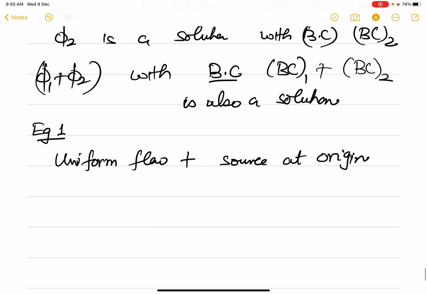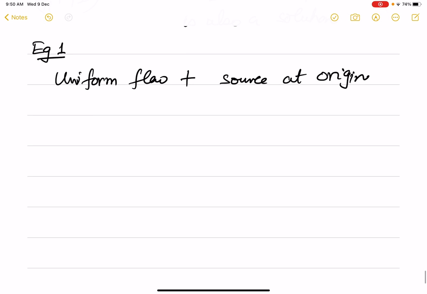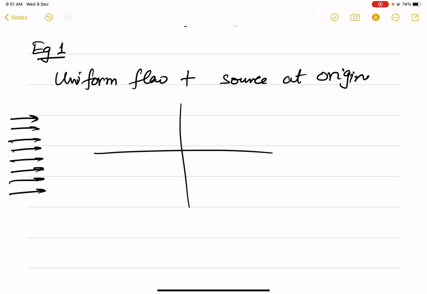You can try and visualize these things by drawing this flow. So uniform flow, let's take it like this, and let this be our axis. And there is a source at the origin. So we superpose these two flows.